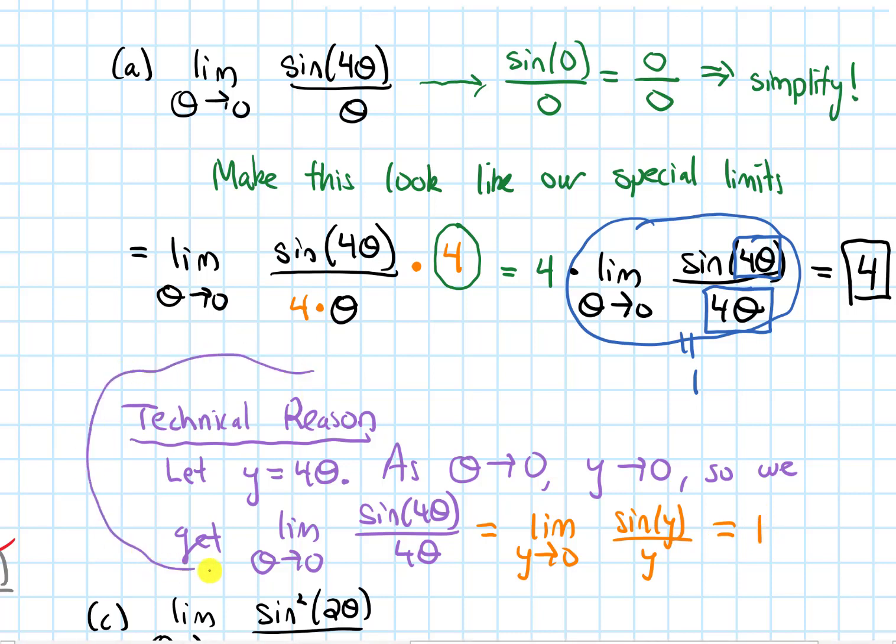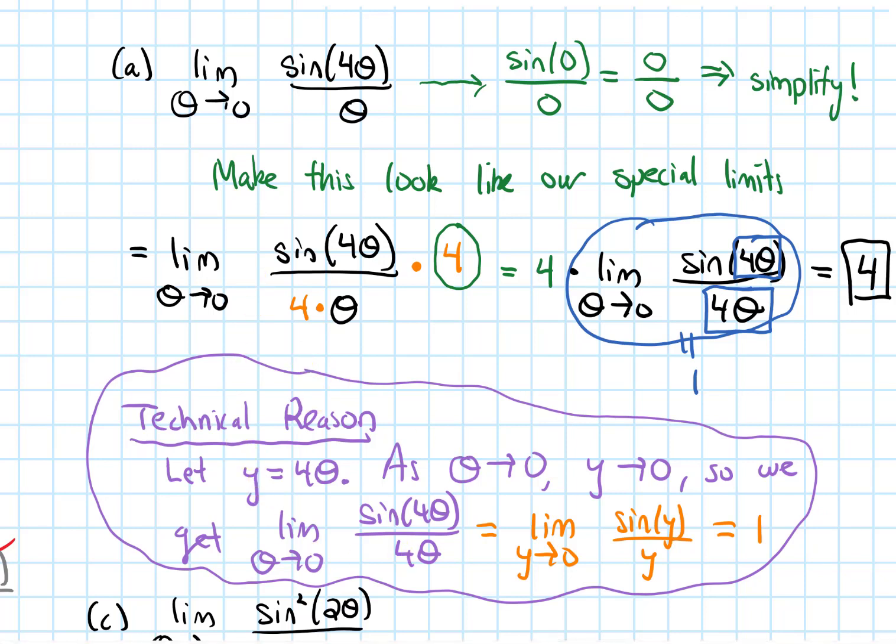All right, so I'm going to put a little bubble around this. We don't need to write out this technical reason every single time. In general, if we have a limit and theta is going to 0, and our angle on the top and on the bottom is the same, and that angle is also going to 0, we can just go ahead and say that that limit is 1. Okay, we'll see an example later where it's not as obvious, and I will need to explicitly show this substitution.